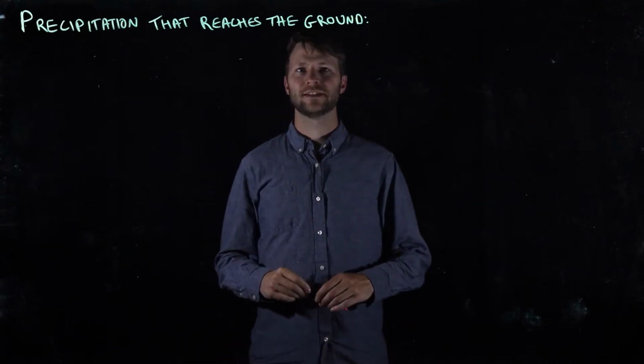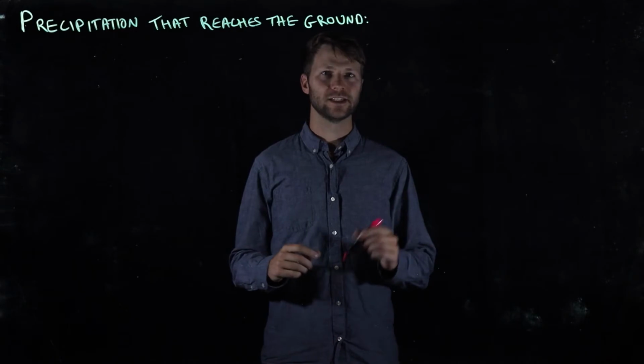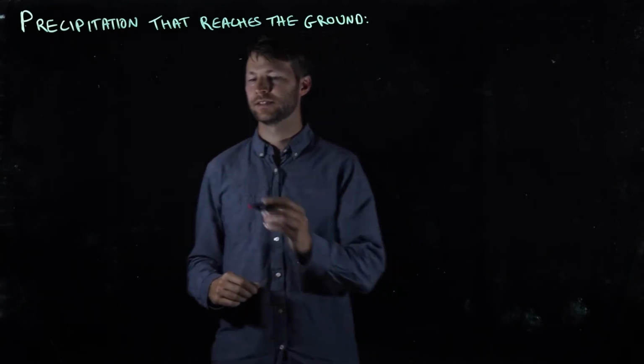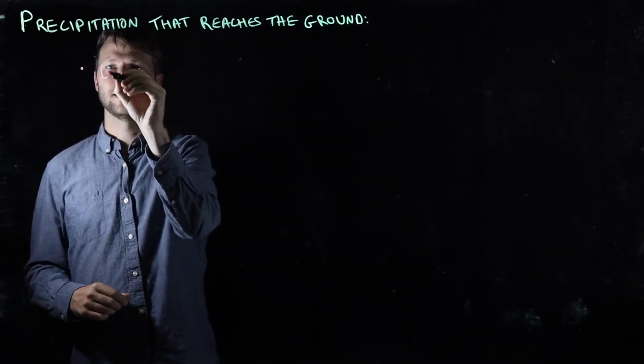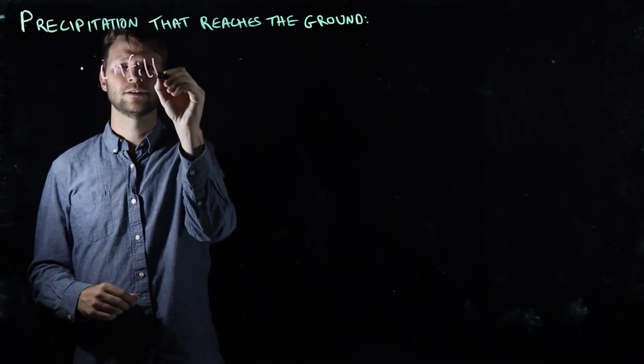When precipitation doesn't get intercepted and actually reaches the ground, it can do one of a few things. One, it can infiltrate into the ground.